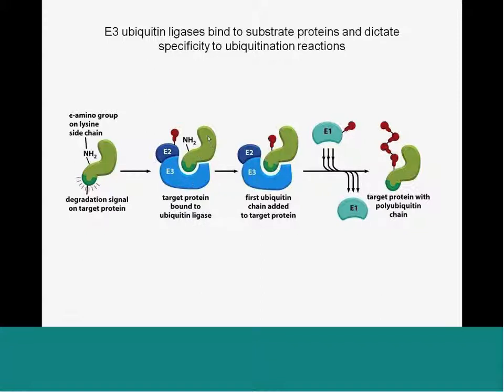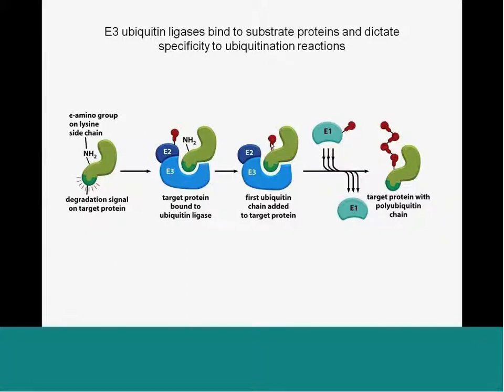Once the substrate is bound, the E3 has a recognition sequence that recognizes what is known as a degradation signal in the target protein, or essentially a binding motif within the substrate protein that binds to the E3. And once this interaction occurs, then the E2 is in close proximity. It can transfer the associated ubiquitin to the epsilon amine group on the lysine residue of the substrate protein.